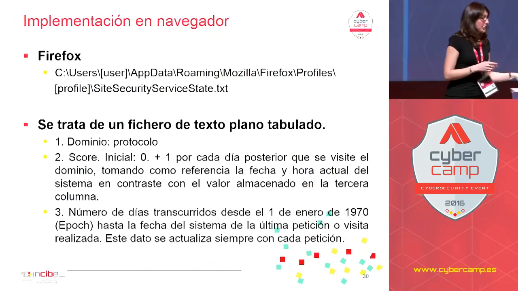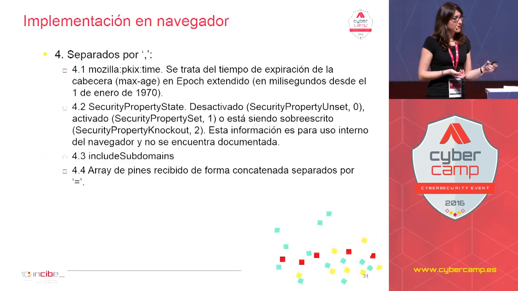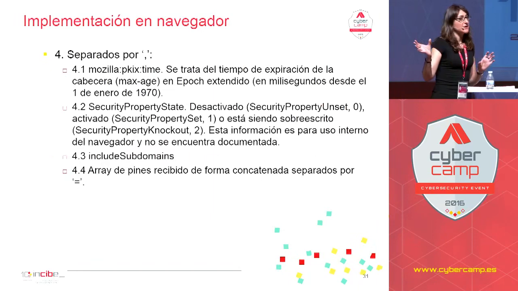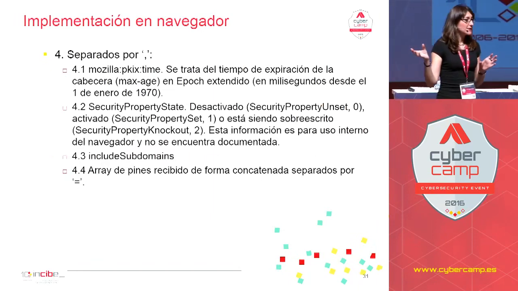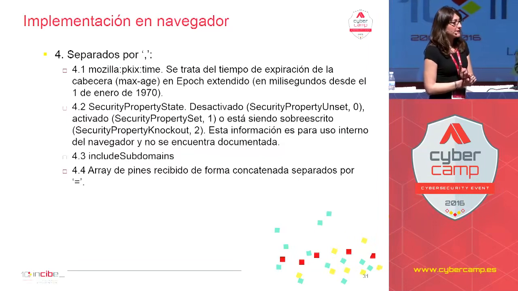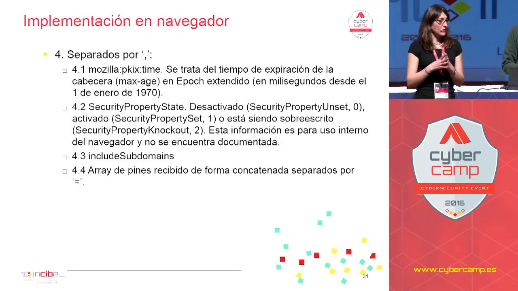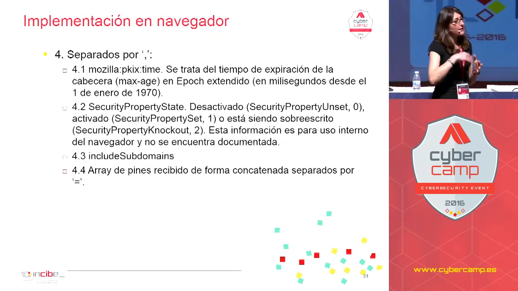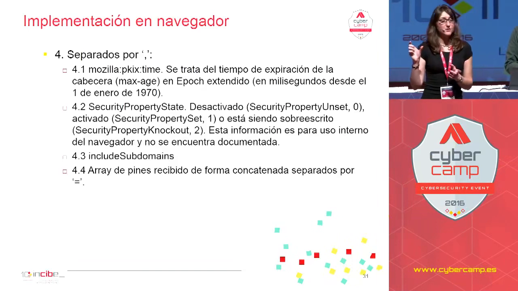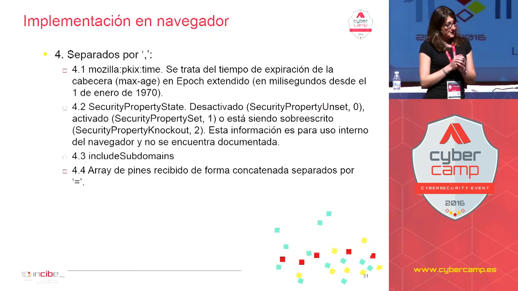This is the reference value for date calculation in computers. You'll know that. And then we have a series of fields separated by a semicolon. And we have time, which refers to what we mentioned before. That would be the expiry time for headers, that is max-age that I said before. This would be the expiry date.